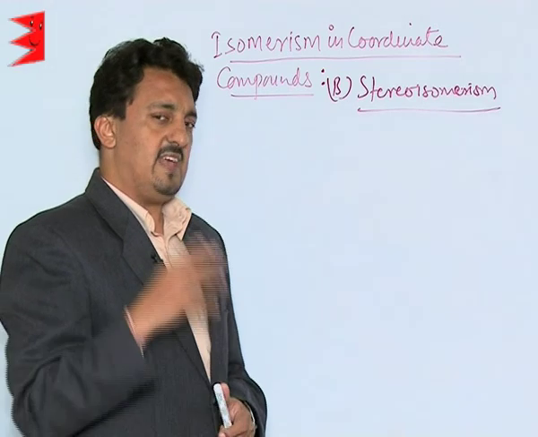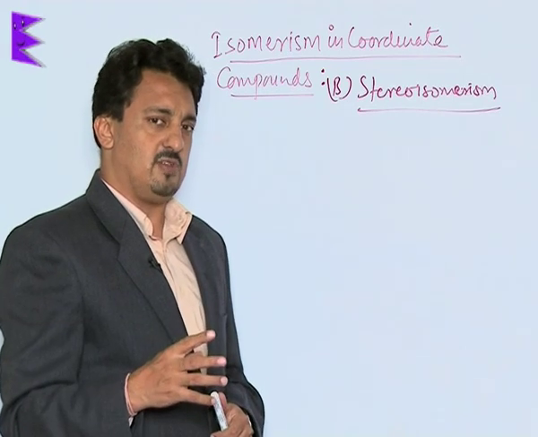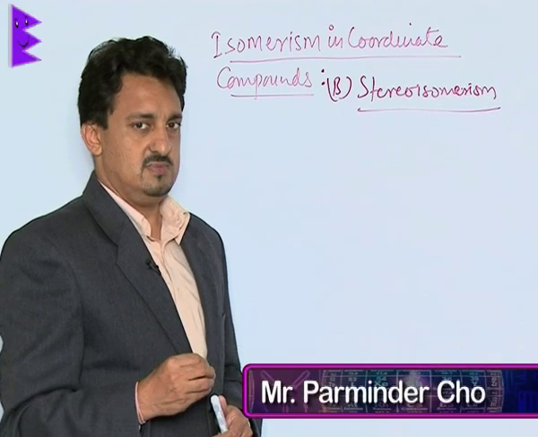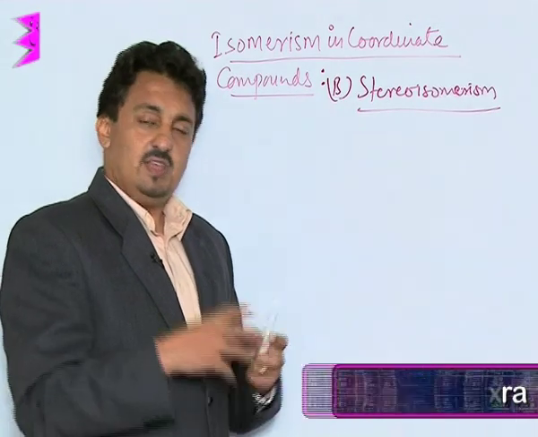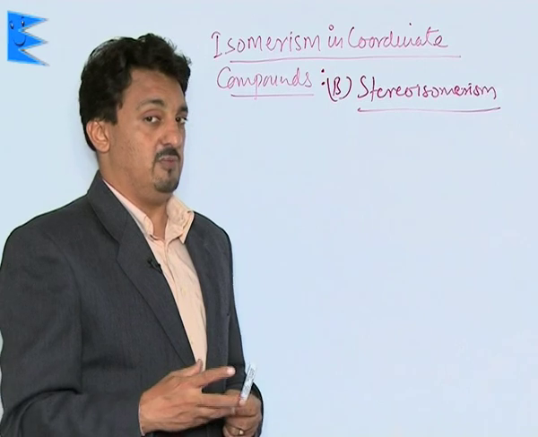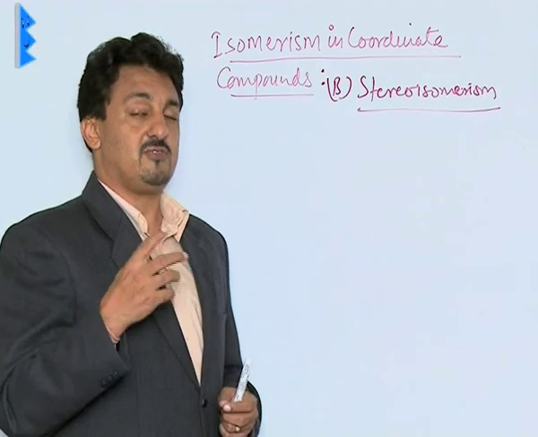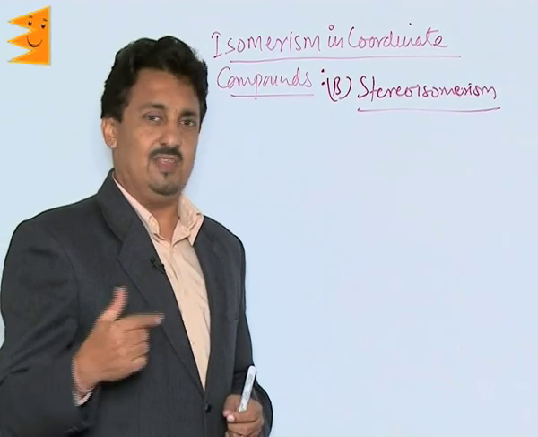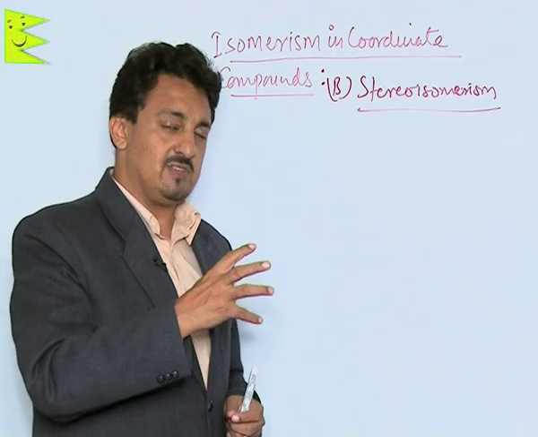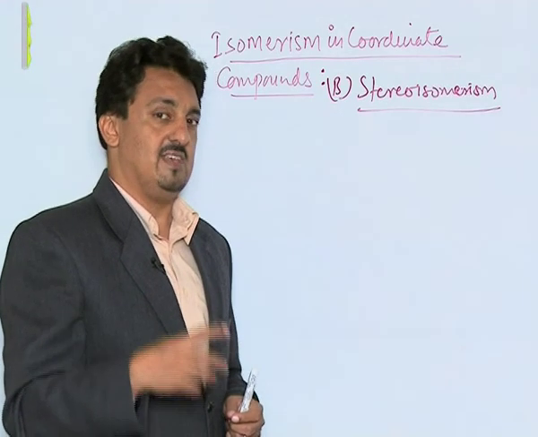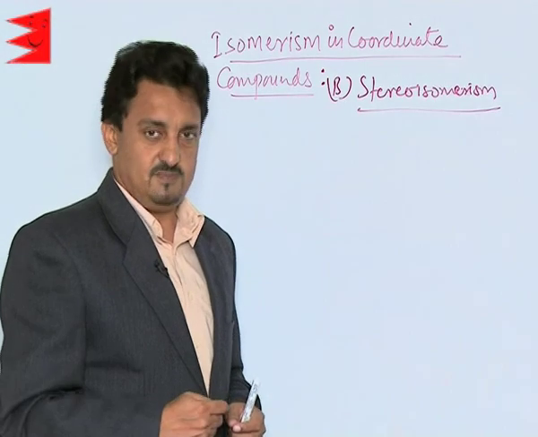Stereoisomerism. The second type of isomerism shown by coordination compounds is stereoisomerism. Now we know what stereoisomerism is. It is the isomerism in which the isomers have the same structural formula, but they differ in the three-dimensional or spatial arrangement of the ligands around the central metal ion. So the three-dimensional arrangement of the ligands will be different in the isomers, otherwise their basic structure will also be the same.